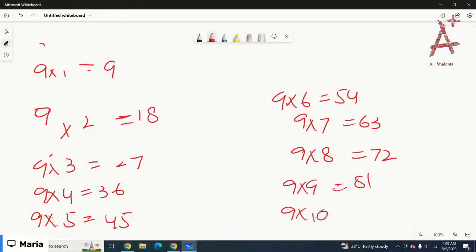And 9 times 10 is 90. So here is the table of 9.